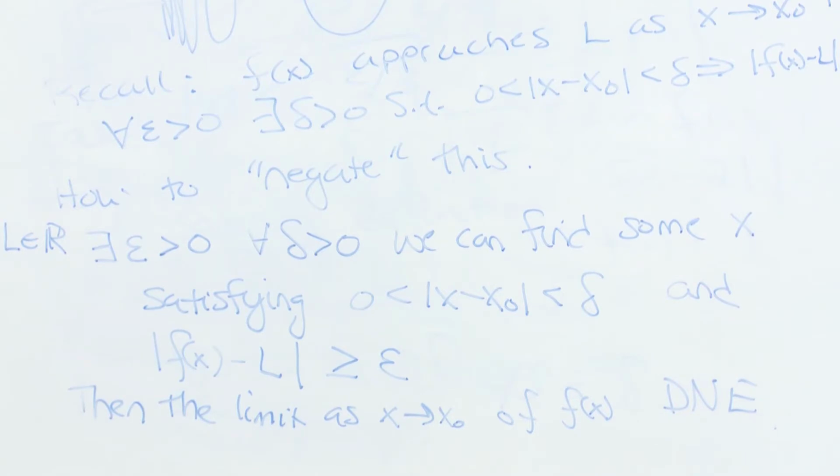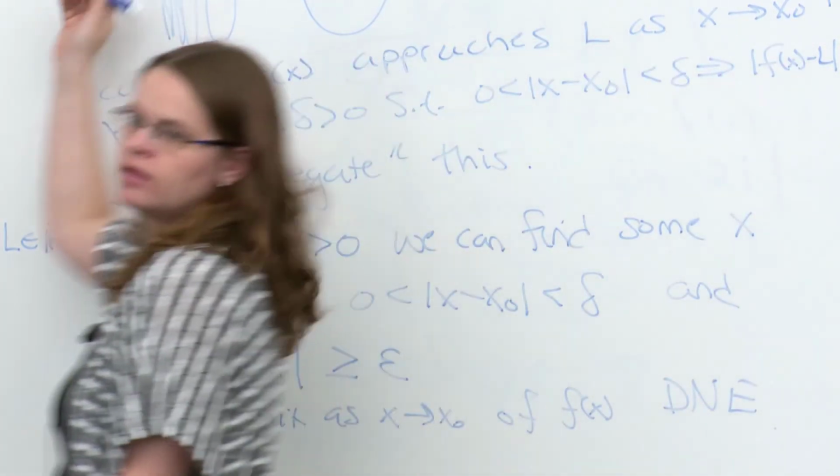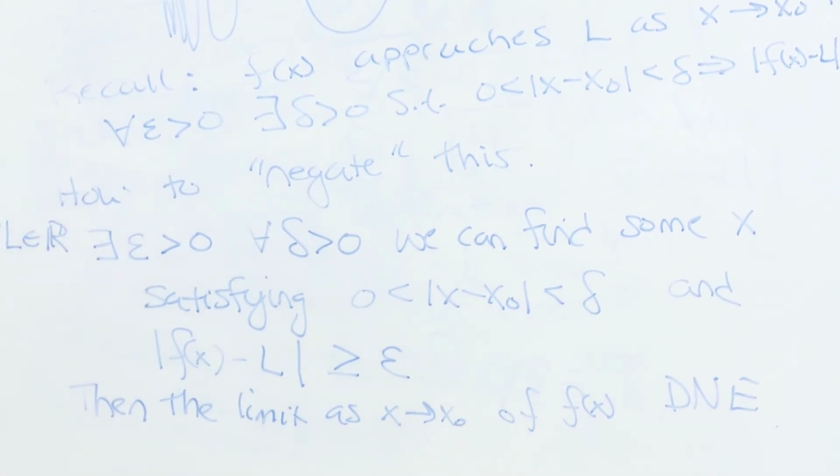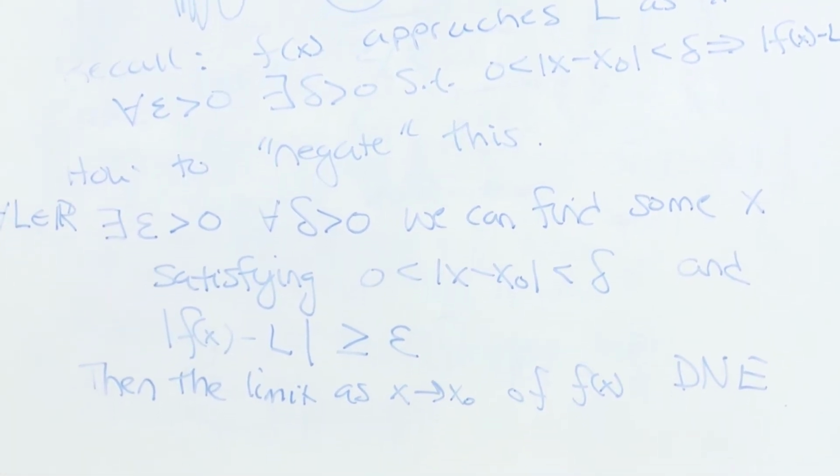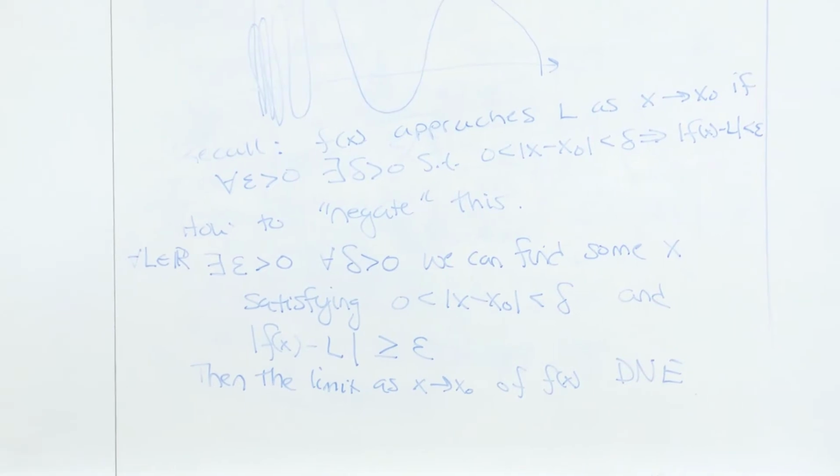Okay, so in this example, I could pick epsilon equal to a half, say, right? No matter what value of L I pick, this thing is going to oscillate away from that.